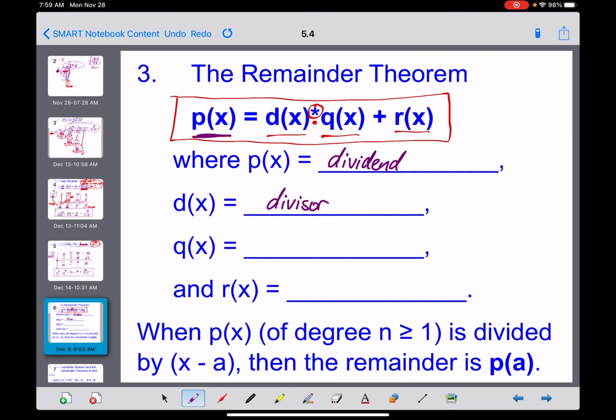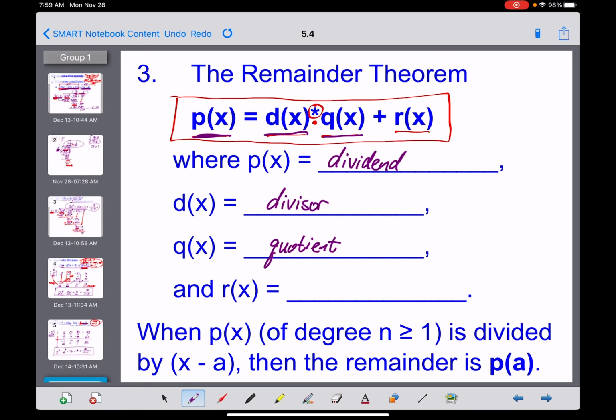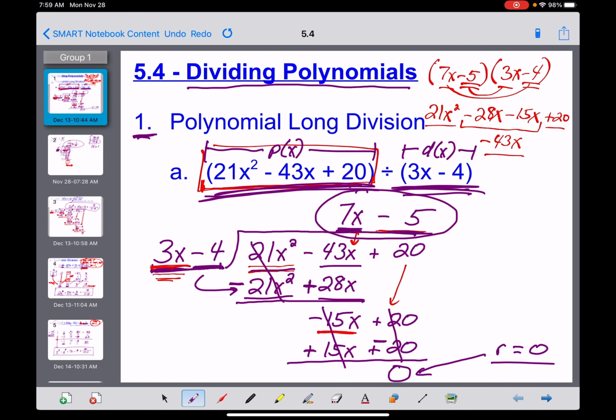And then what happens? D of x gets multiplied by q of x. That is your quotient. So d of x multiplied by q of x should equal p of x, the original polynomial. Guys, that's exactly what I was trying to prove to you right over here. 7x minus 5 is the quotient, so that's like your q of x right there.